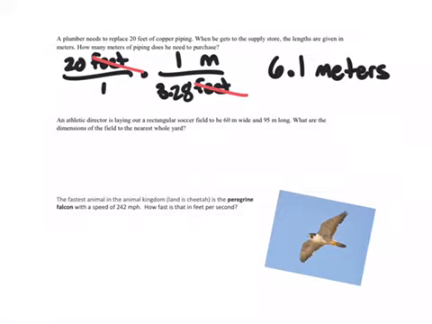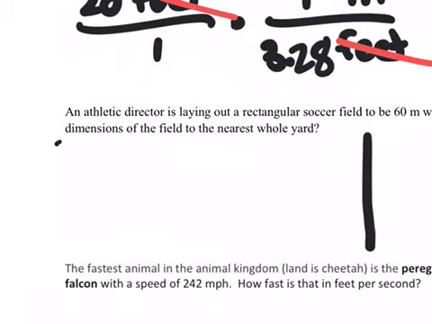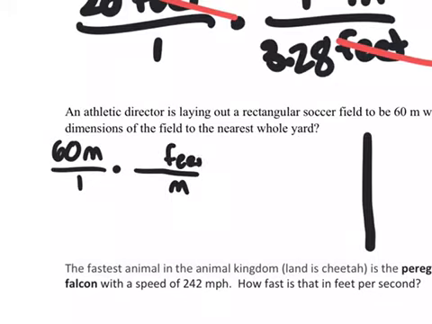Okay. We're going to need to do 2 separate ones on this, one to address each of the 2 dimensions. So we've got a 60 meters here over 1. And just like on the other side, I'm going to need to go meters to feet and then feet to yard. So I'm going meters here, looking for feet.